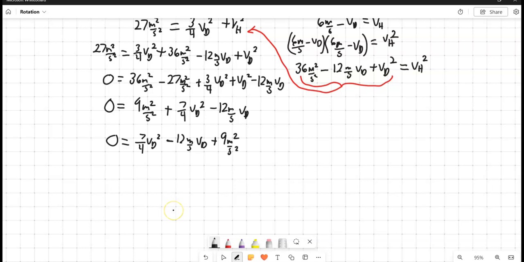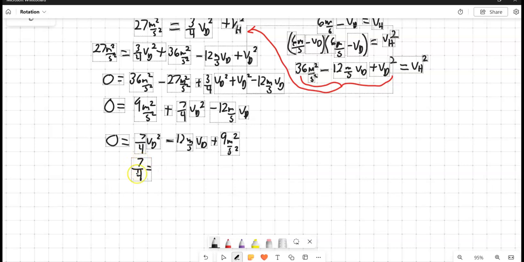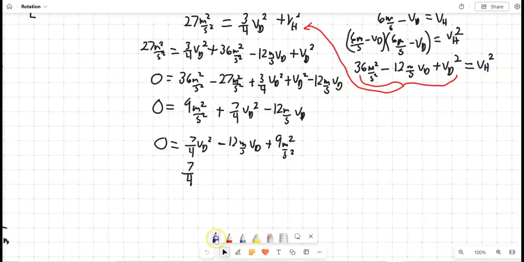So we're going to have to use a quadratic equation to solve for this. So the 7/4 is going to be our A coefficient.